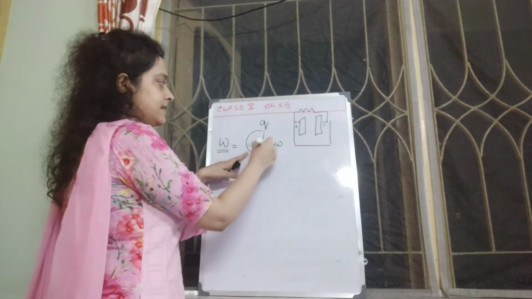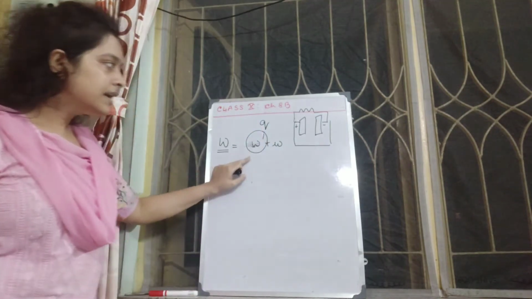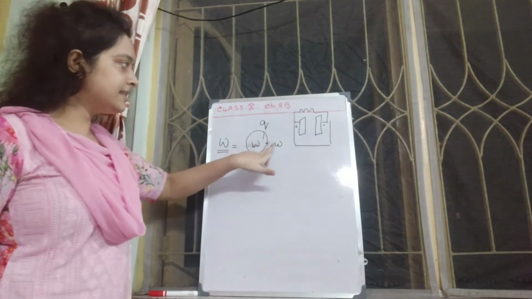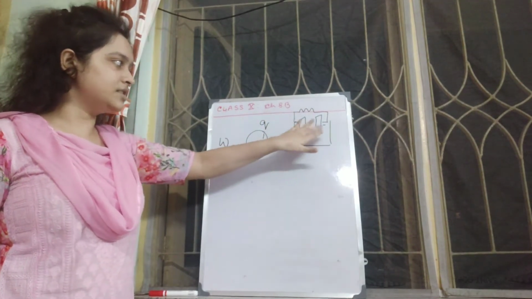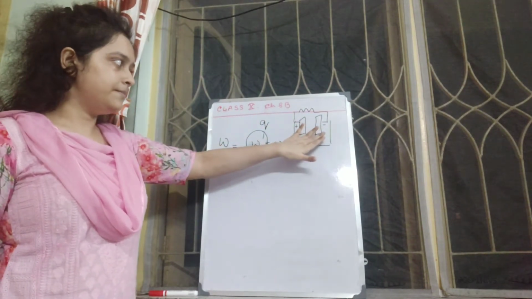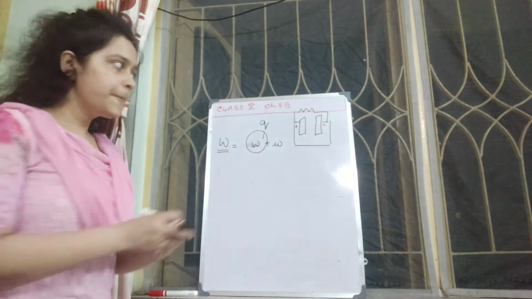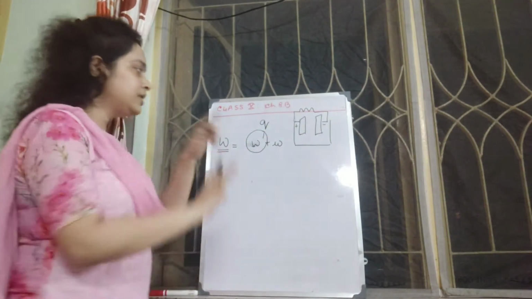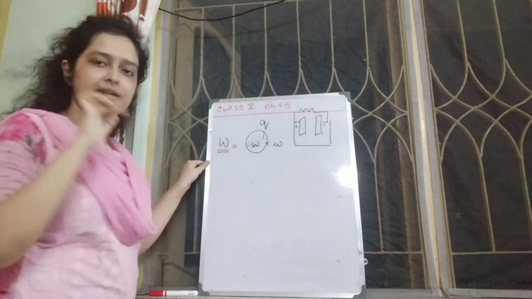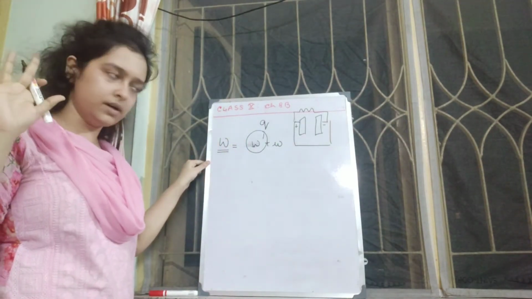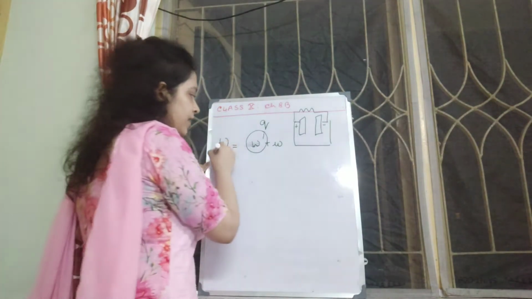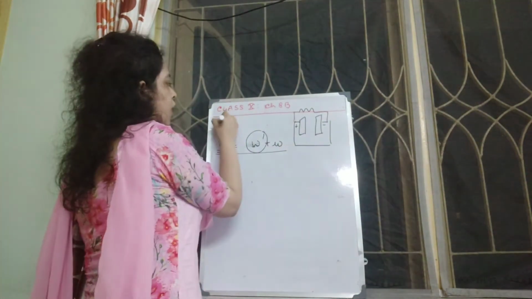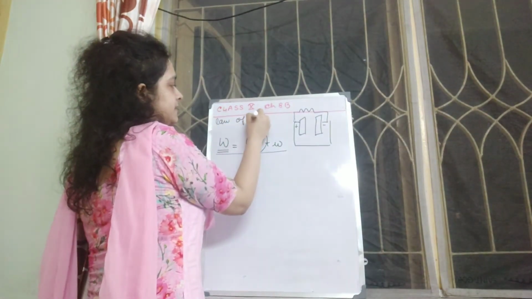This is the work done in moving the test charge outside the cell, and this is the work done in moving the test charge inside the cell. Right? So outside W prime, inside W, and net total capital W, total work done. How can I write this? From the law of conservation of energy.